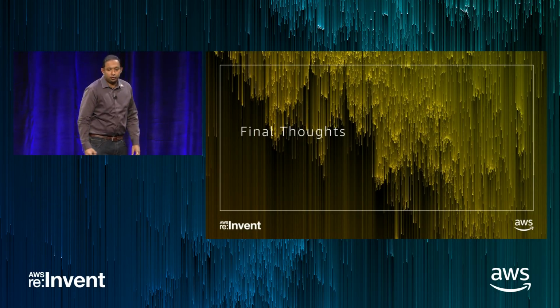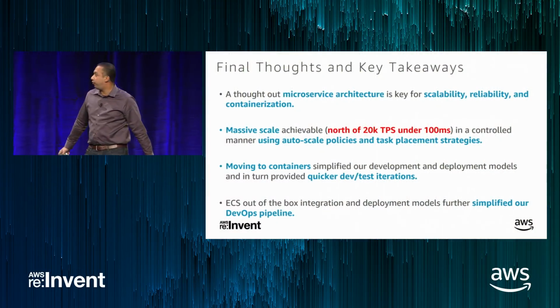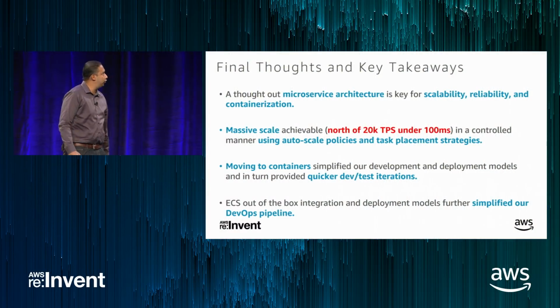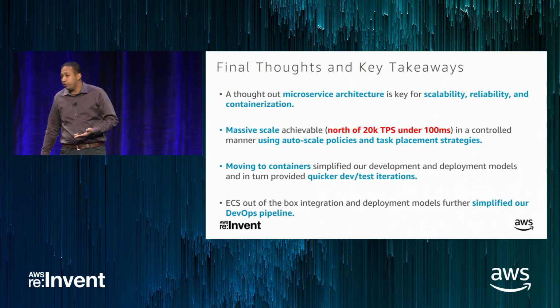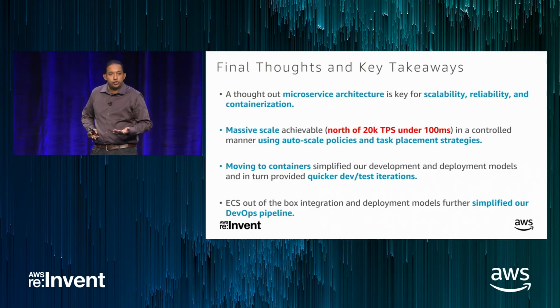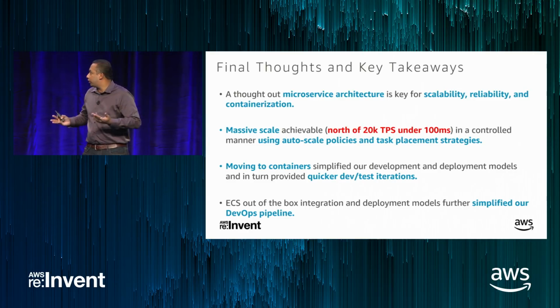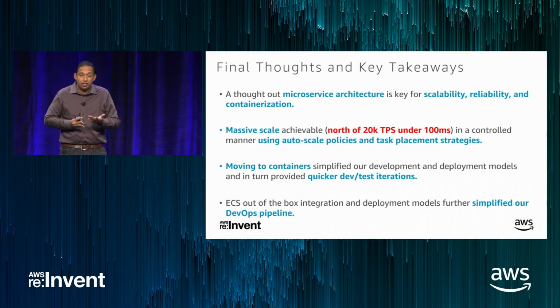Yeah, thanks, Manjiva. So some final takeaways and thoughts for you guys. Number one is you need good microservices to containerize. I think that's probably stating the obvious at this point, but having a good microservice strategy will enable scalability, reliability, and good containerization.